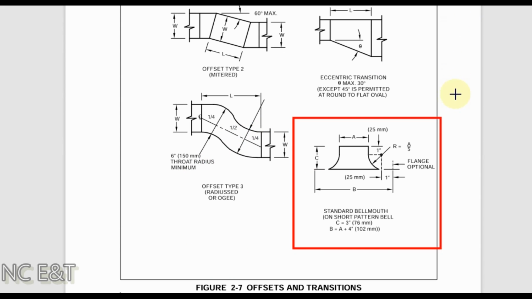For the fabrication of a standard bell mouth, you can follow this process. You need to keep the same duct size up to a minimum of 1 inch. After this, for the fabrication of the curve, you need to follow this radius, R equal to duct size divided by 5, and the total length of the bell mouth should be minimum 3 inch.